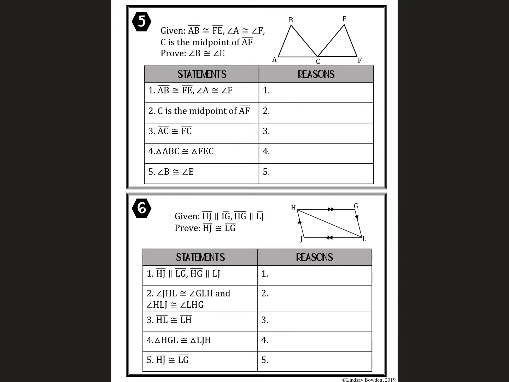For proof 5, the first 2 statements are given. In the first statement box, we have AB congruent to FE, and those are sides, so we're just going to mark them with a single tick mark.